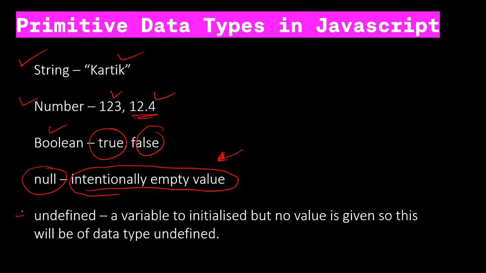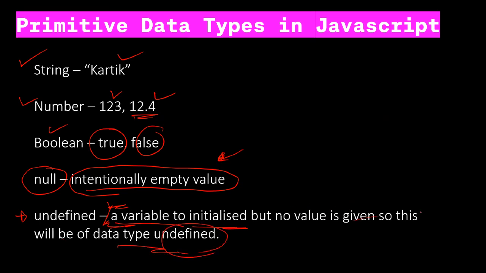Okay. And if you look at this undefined data type, it says a variable is to initialize. There's an English grammatical issue here and there. Okay, never mind. A variable to be initialized. So a variable is initialized, but no value is given. So this will be of data type undefined.